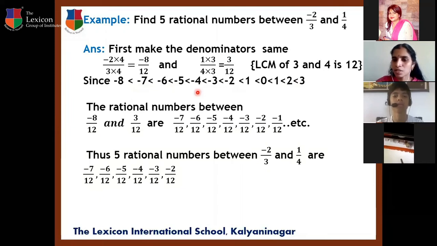Enough numbers are there, so from there we will take any 5 rational numbers. So minus 7 upon 12, minus 6 upon 12, and so on. It is very clear all these rational numbers are between minus 8 upon 12 and 3 upon 12, because all these numerators are between these two numerators and all the denominators are equal. Again, while writing the answer you have to write it in this way, because the question is in this way, minus 2 upon 3 and 1 upon 4. It's clear.